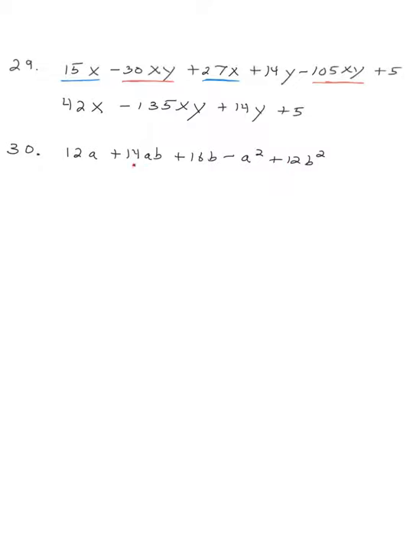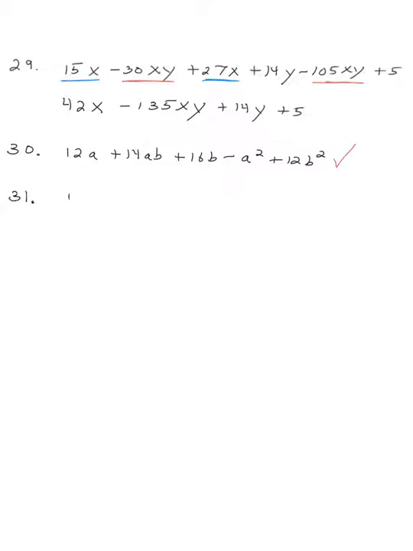Okay, so now we'll move along to the ab. Nope, doesn't combine with anything. So far not good. If we go to the 16b, nothing over here. I then have a squared, so that doesn't combine with anything, and b squared doesn't combine with anything else. In fact, this is it. Nothing combines, there are no like terms, so that is the answer.